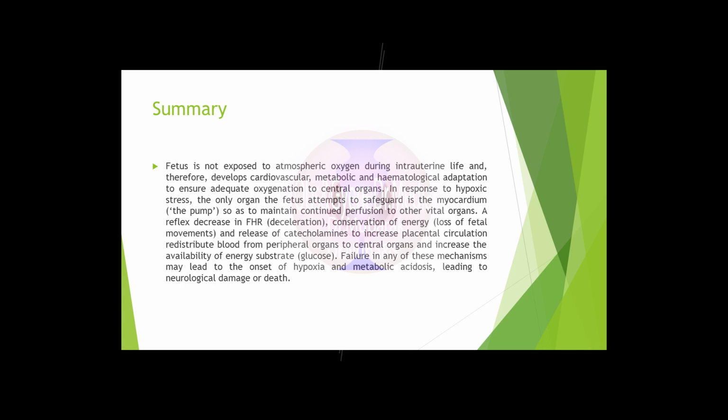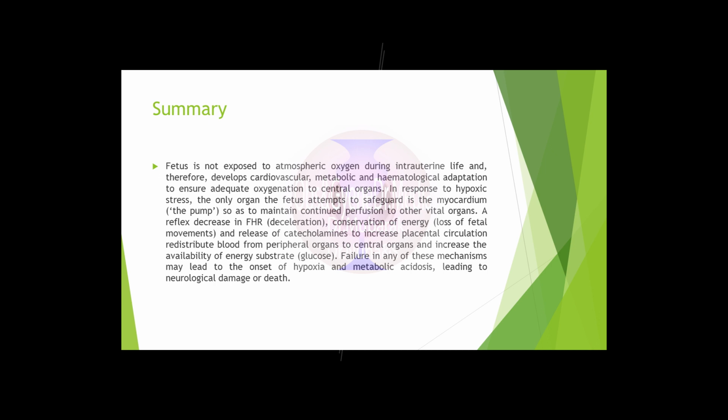In summary, a fetus is not exposed to atmospheric oxygen during intrauterine life and therefore develops cardiovascular, metabolic, and hematological adaptation to ensure adequate oxygenation to central organs. In response to hypoxic stress, the only organ the fetus attempts to safeguard is the myocardium, the pump, so as to maintain continuous perfusion to the vital organs.